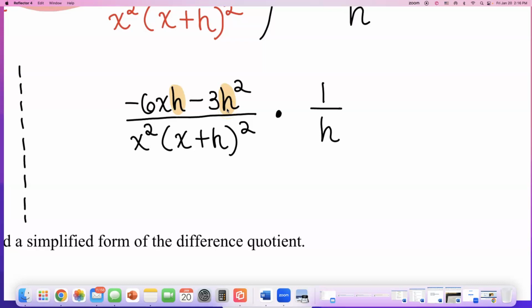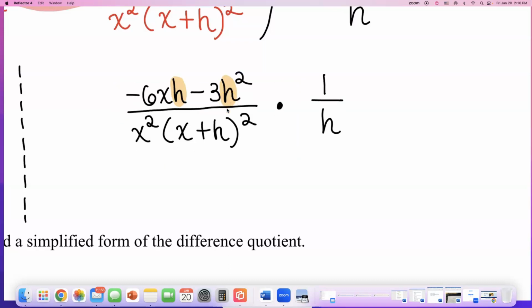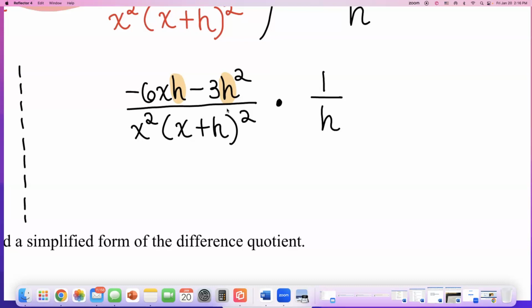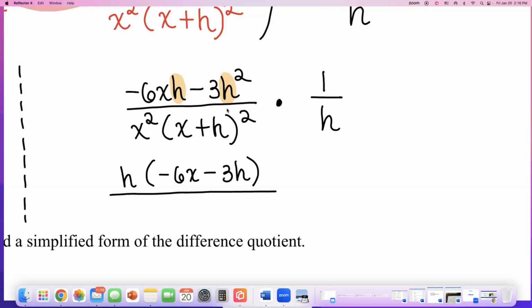If you pull that h out, what will happen is you will have h in front, right? And you will have negative 6x minus 3h. And the denominator will be exactly the same. I'm not changing anything there. But I wanted to pull out that h to the front.